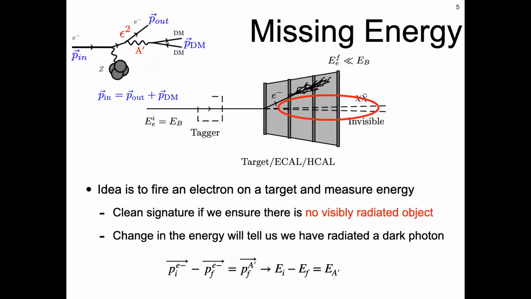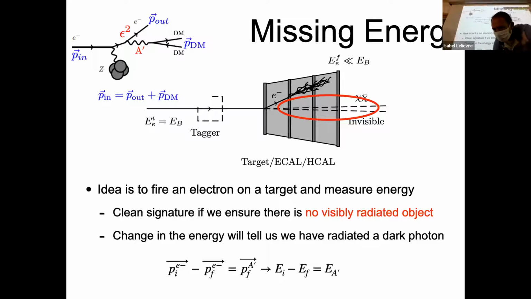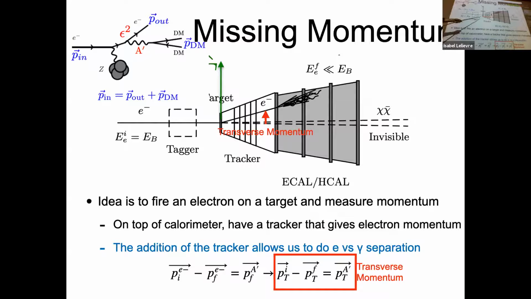In the missing energy search, you just have a calorimeter. And let's say you want to upgrade your detector, you just put a tracker in. Okay, so it's direction plus energy deposited versus just energy deposited? That's right. Adding this directional information gives you this new observable.